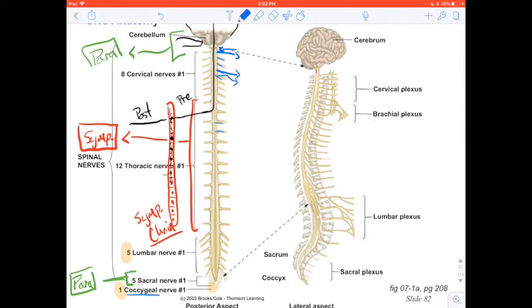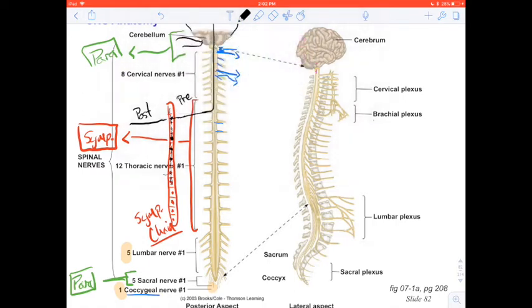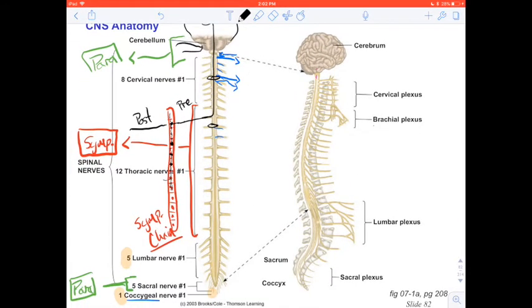Now, if we take this spinal cord and we cut it, we cross-section it through any one of these, right? We just take a cross-section and flip it over. We're going to see something like this. So we can imagine something like that.